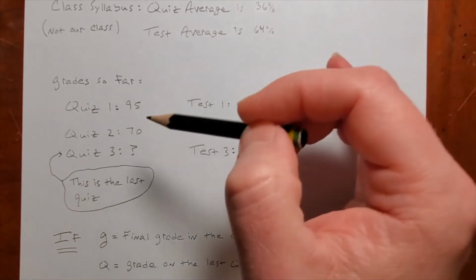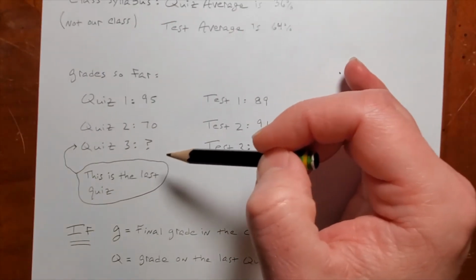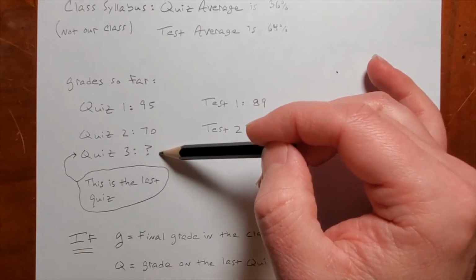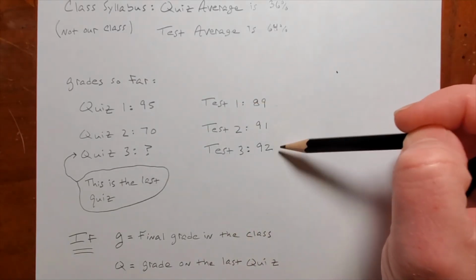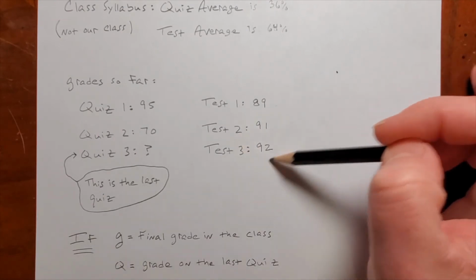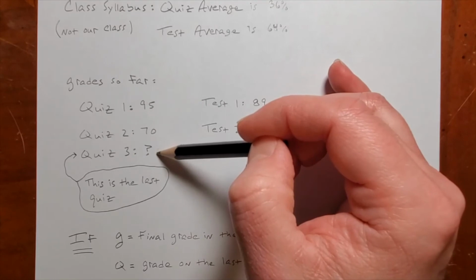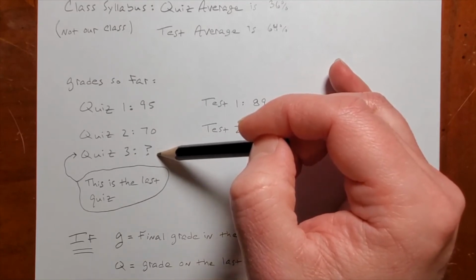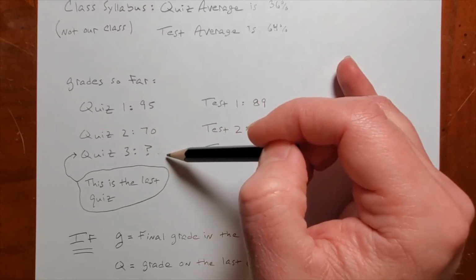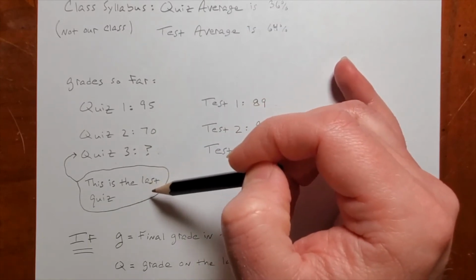Now, here's the situation I would like you to consider. You've got 2 out of 3 quizzes taken, and you've got all 3 tests taken. Let's say there are no more assignments in the class, and after you take this last test, there's still one more quiz that you need to take to be done. Okay? So quiz 3, to be determined, not yet taken, is the last quiz.